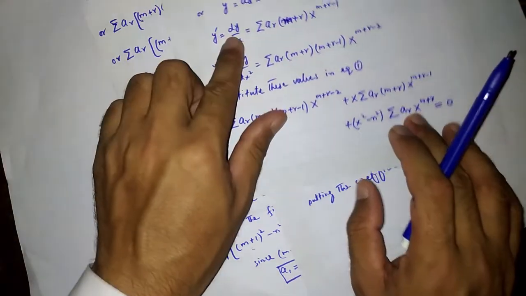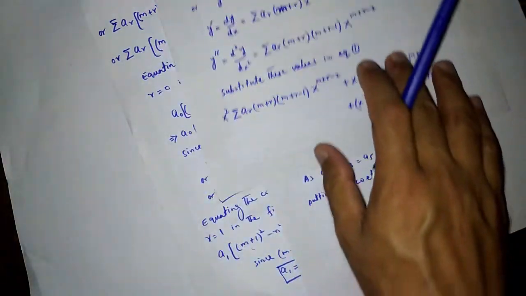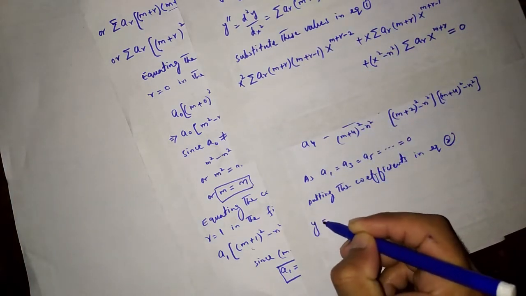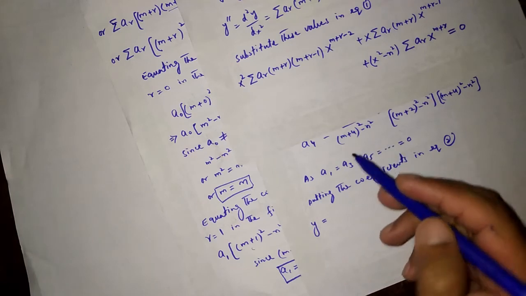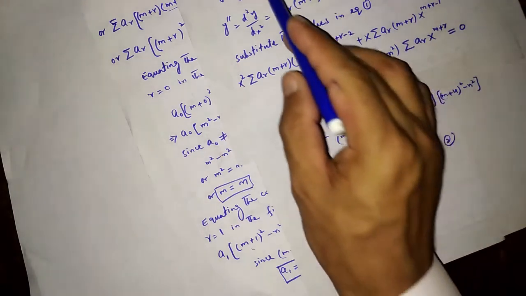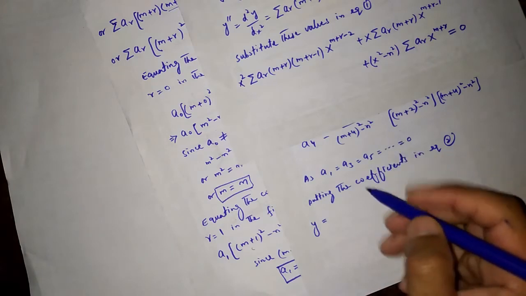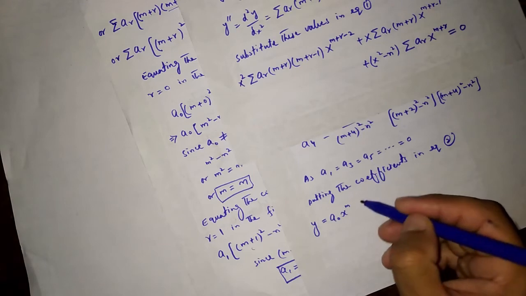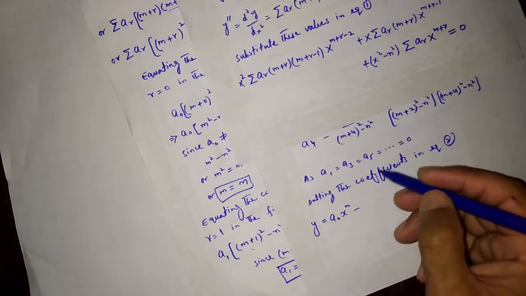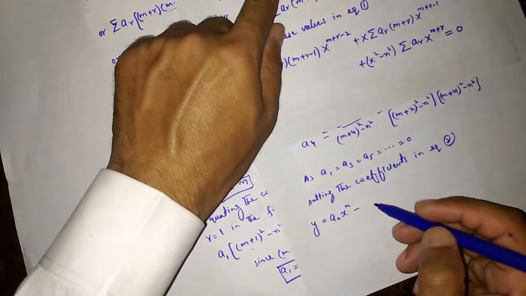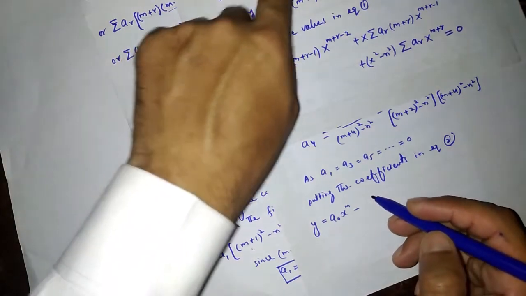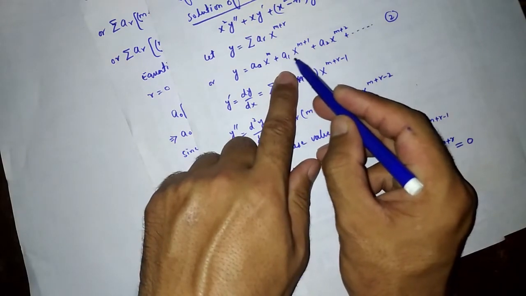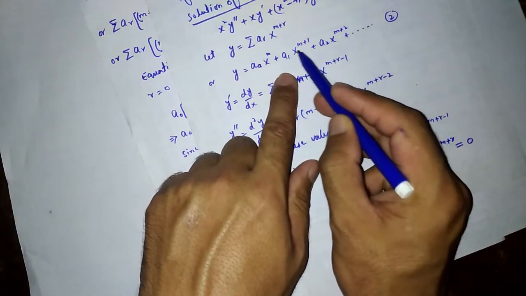By using this equation, y is equal to a0 x to the power m, minus a1 term, but a1 is 0, so this term is equal to 0 and we don't need to write it.